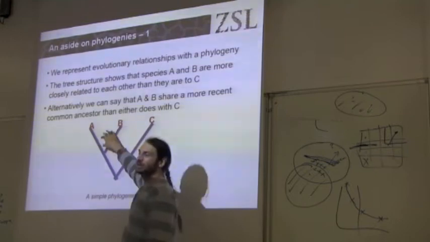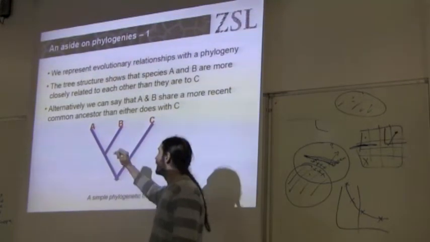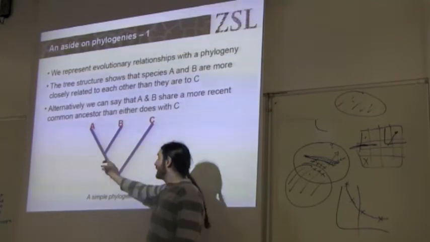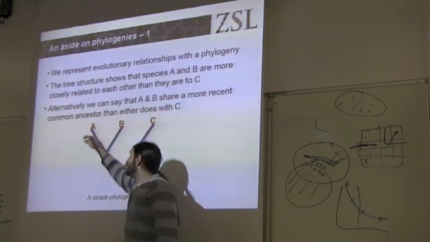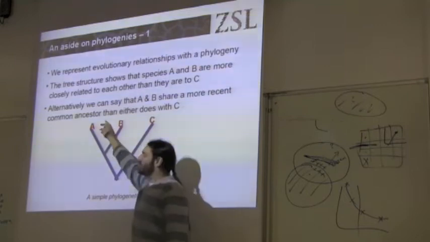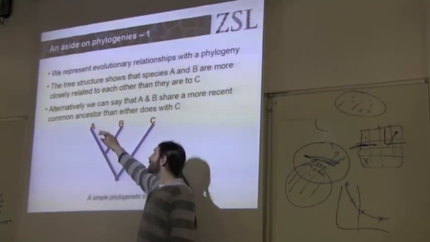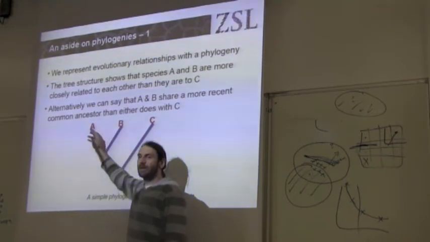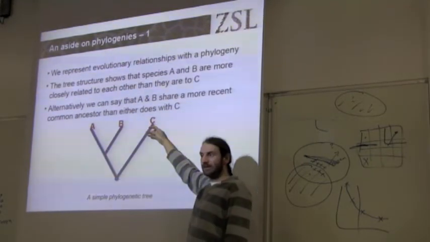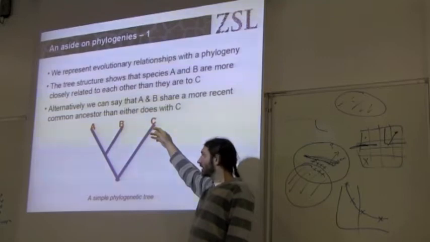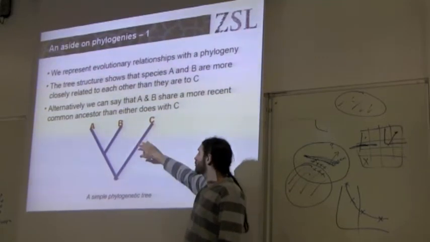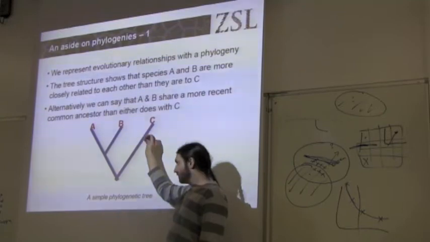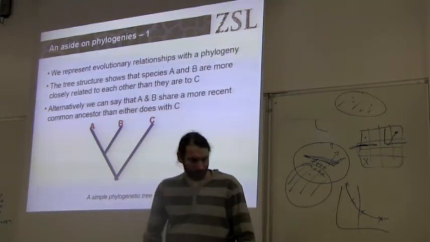So this structure tells us that A and B share a common ancestor, and relative to C, they share a more recent common ancestor. So we can say that A and B are more closely related to each other than either is to C. Okay? So this is an expression of relationships between three organisms.